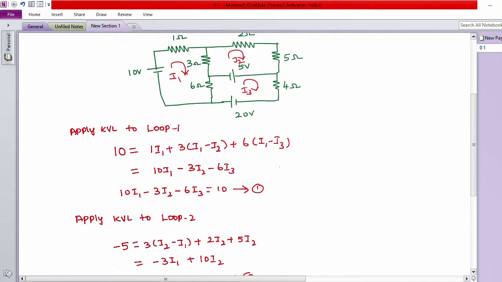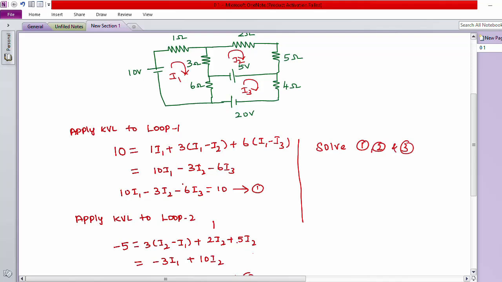Now solve equations 1, 2, 3 using Cramer's rule method. Either you can use Cramer's rule or you can solve the equations using a calculator.